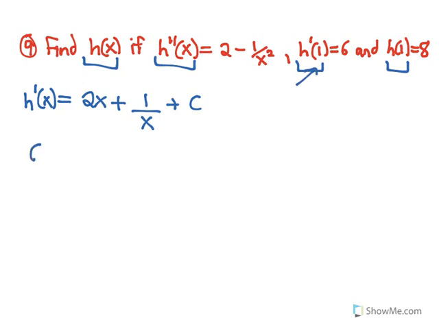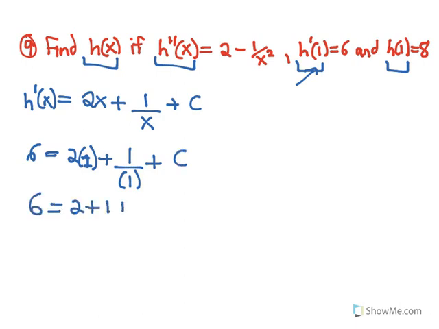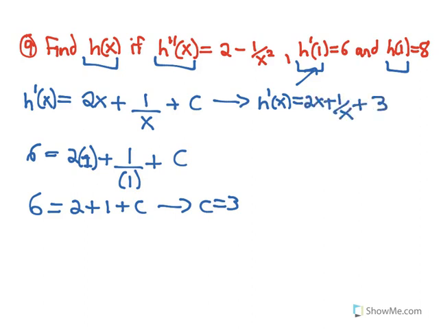So I'm going to plug in 6 equals 2 times 1 plus 1 over 1 plus c. So 6 equals 2 plus 1 plus c, therefore c must equal 3. And I can now update this function to h prime of x equals 2x plus 1 over x plus 3.